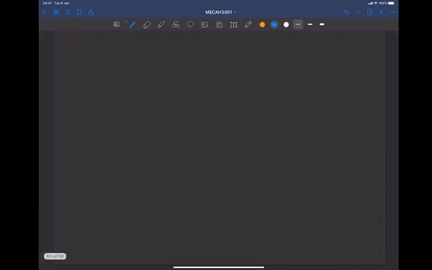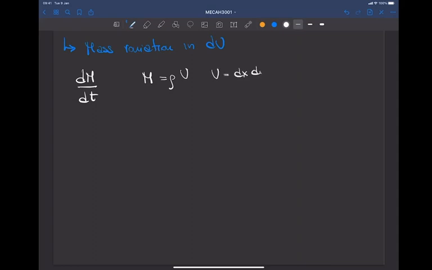So let's start to express the variation of mass inside this volume. Okay, so the mass variation in dV. To express that, we basically have to express a dm over dt. M is the product of rho times V. In this case, we know that the volume is dx dy dz, so it's a dV.